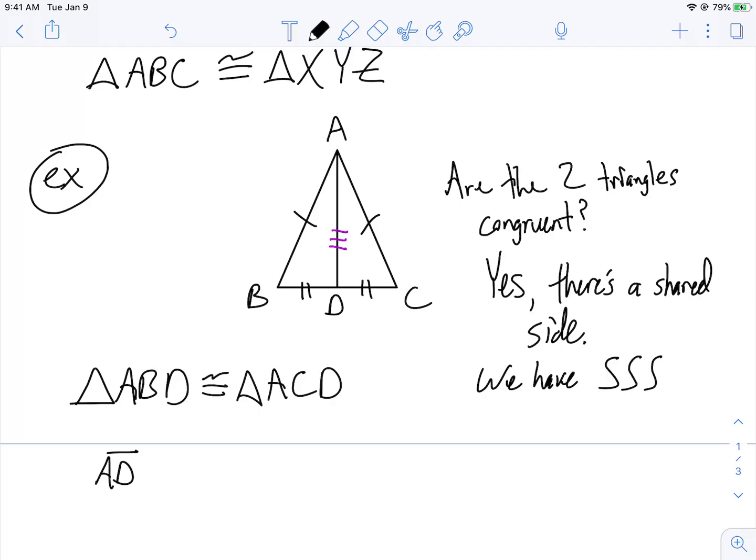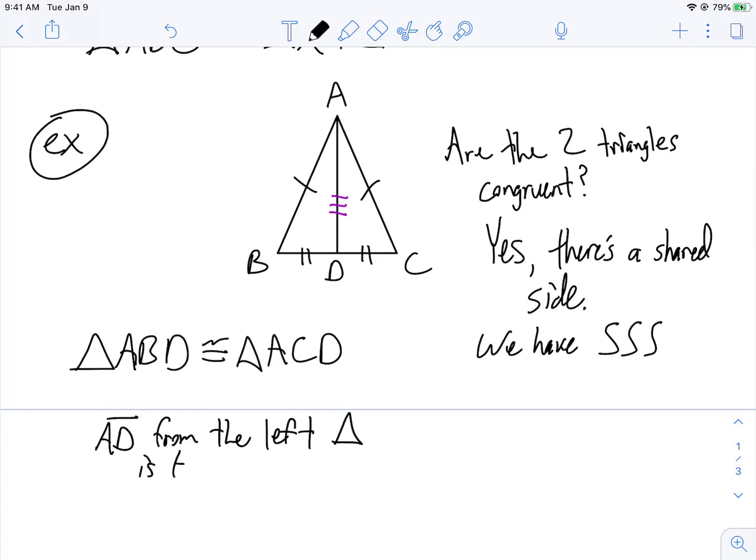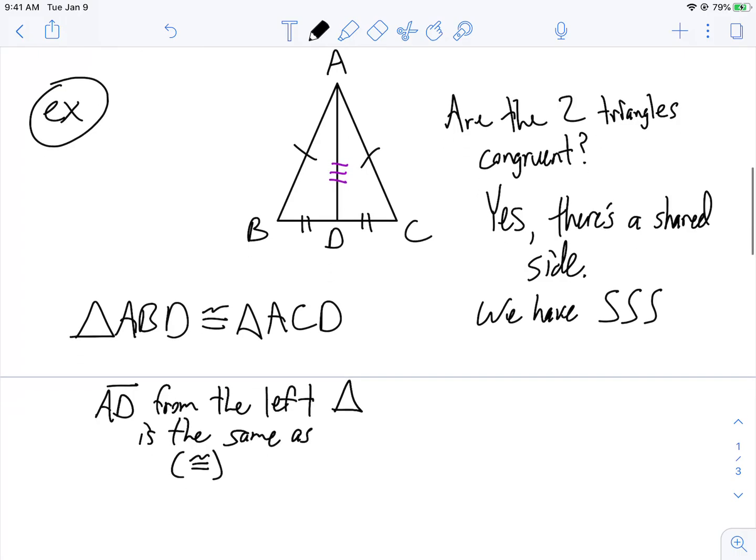So AD from the left triangle is the same as or congruent to AD from the second triangle or the right triangle. They're the same.